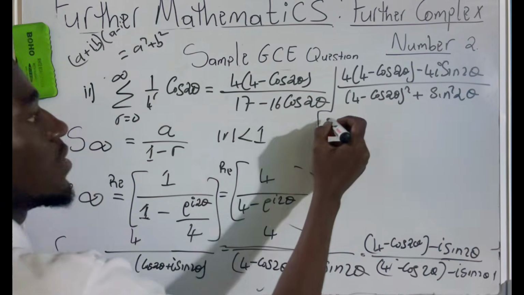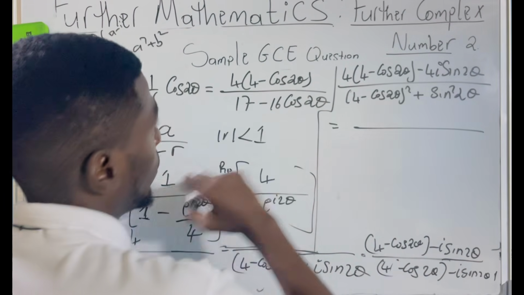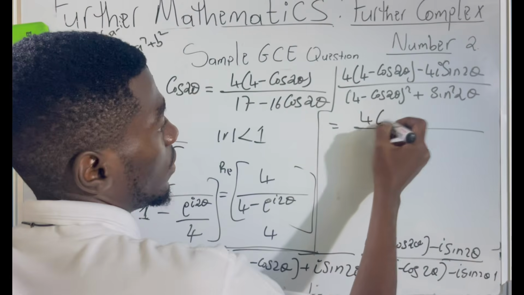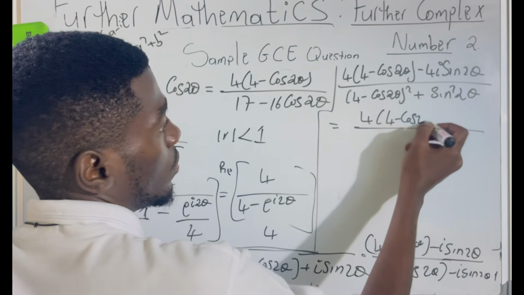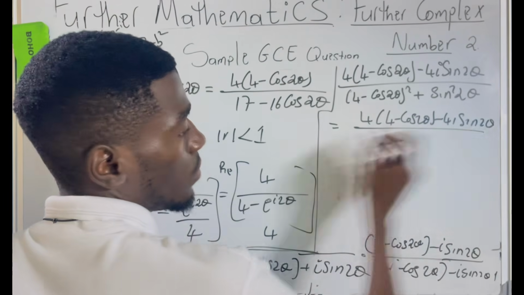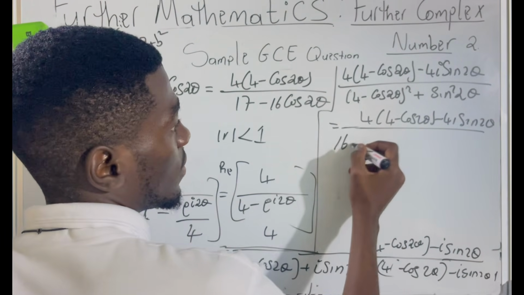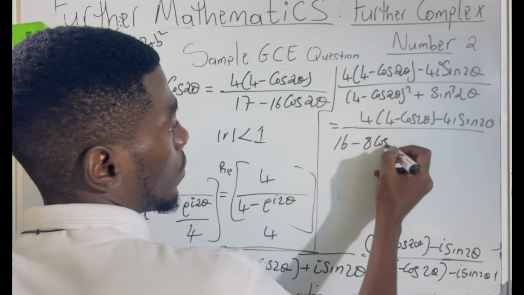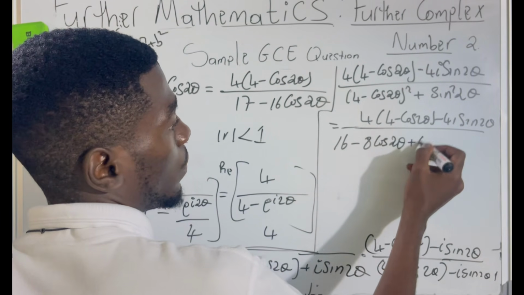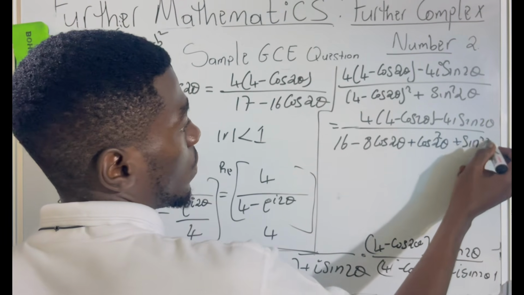Okay, now if I try to simplify, up here I will have 4 into 4 minus cos 2 theta minus 4i sine 2 theta. Then down here I will open and have 16 minus 8 cos 2 theta plus cos squared 2 theta plus sine squared 2 theta.